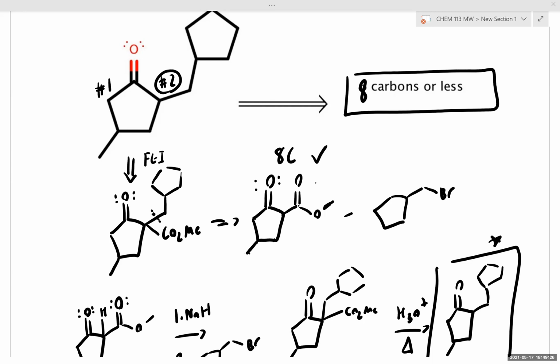We'll talk more about making this compound from lower carbon counts a little bit later on. For a typical exam, I'd give you the 8 carbon example as it really gets to the heart of this concept where we use beta ketoesters to control our regioselectivity and chemoselectivity.